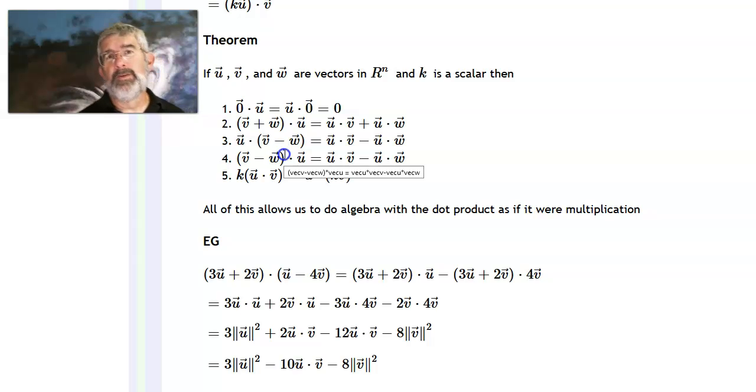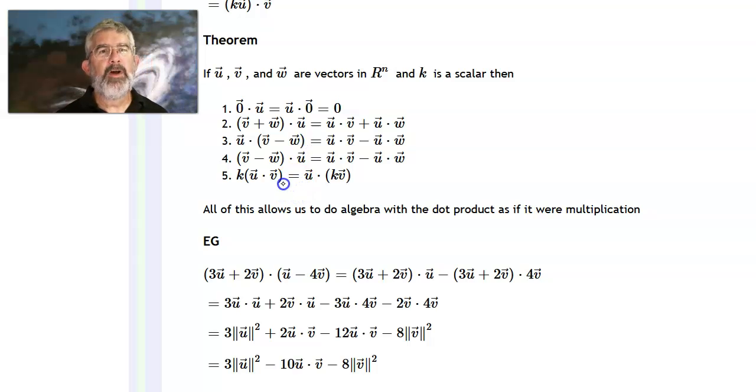Now, this maybe isn't very surprising because, of course, we already know that the dot product's commutative, so you can swap sides. Anyway, each one of these properties is a consequence of the first 5. In fact, the first 3, really. Except for the first one here.